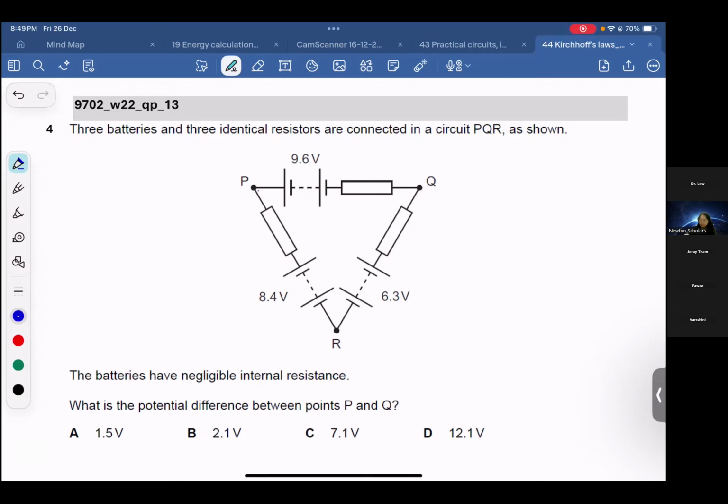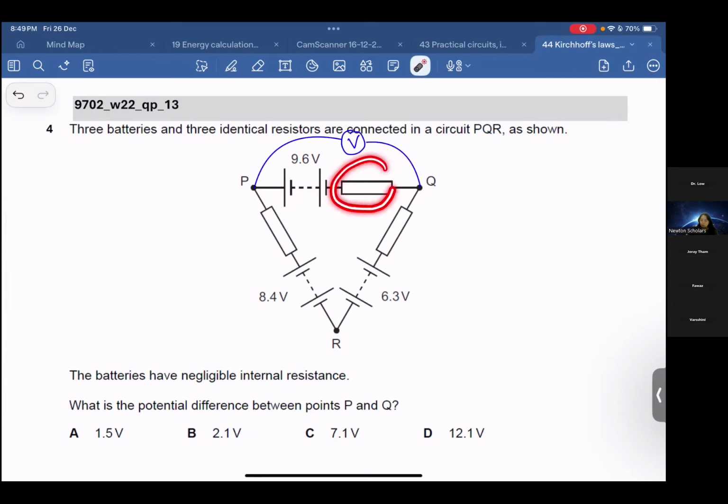Okay, so that means that here, I can draw somewhere here. So let's say I have a voltmeter measuring these 2 points, what is the potential difference? Here, I need you to calculate what is the potential difference across this resistor. How much voltage across this component? How do you do the calculation? Are you able to find it out for the whole circuit first? What is your total EMF?